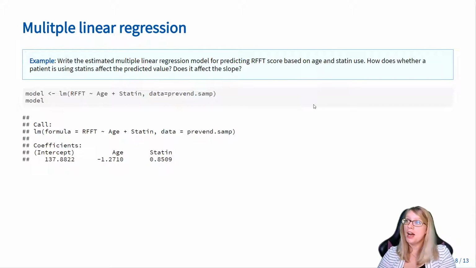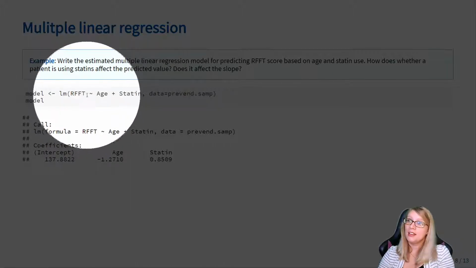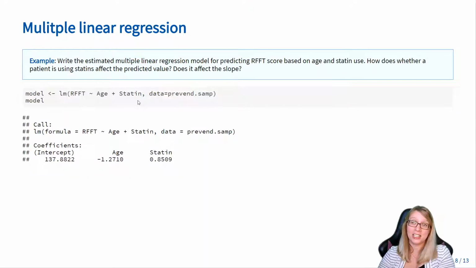So our new model is a linear model that measures how our RFFT depends on age plus statin use. So that's how we'll read this. Our data set being the PREVENT sample data. Looking at our model, we have an intercept term, a coefficient or slope on age, and a slope on statin use.